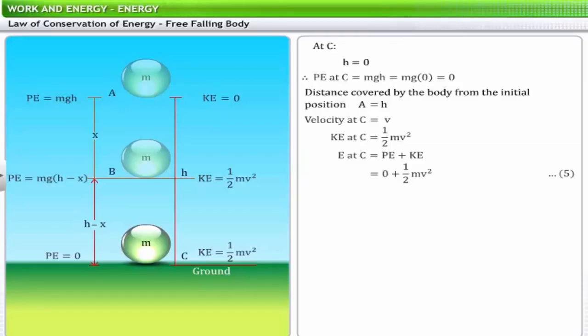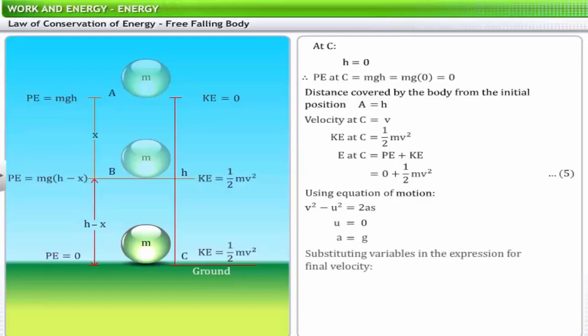To get the final velocity of the body at B, you need to apply the equation of motion related to displacement, initial velocity, final velocity, and acceleration. Here, the initial velocity u is 0 at A. The acceleration of a free-falling body is only due to gravity.